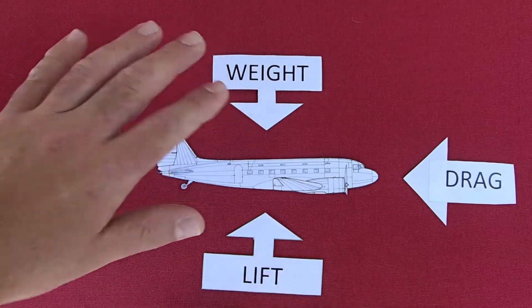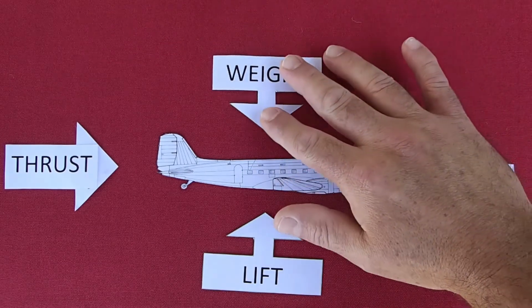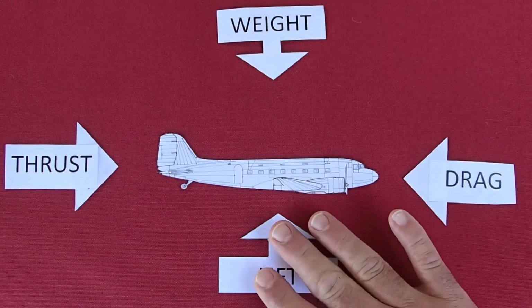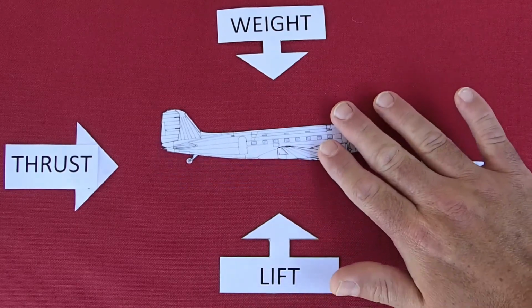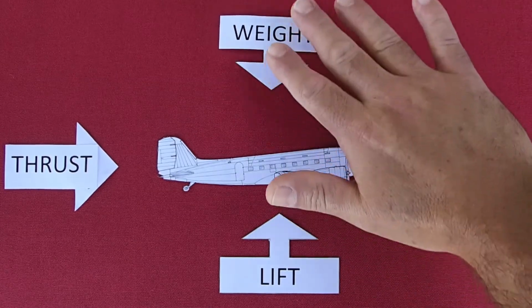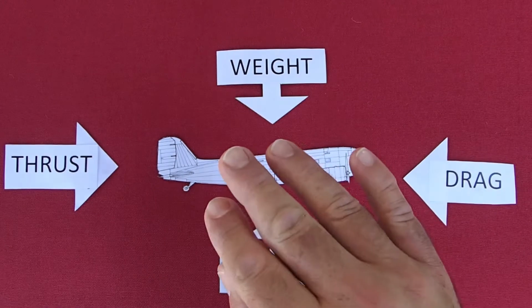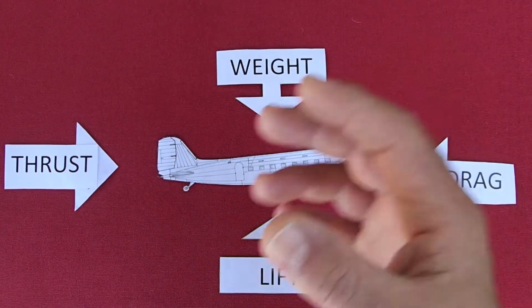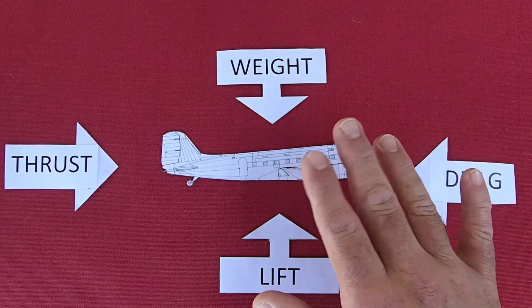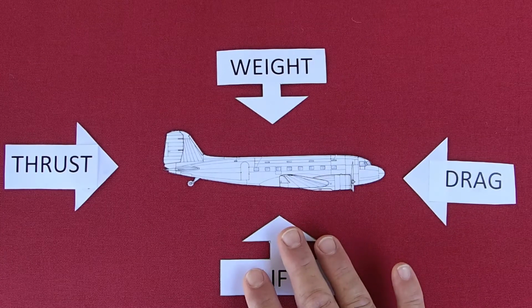If, for example, as the plane is flying it is burning fuel, it will become lighter, so the weight will decrease. So with the same amount of lift, the plane would have a tendency of climbing. Not ideally, as the plane flies, it is getting lighter. So as the plane is flying, it starts becoming more efficient because it now has to produce less lift.